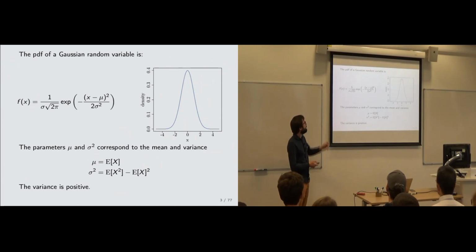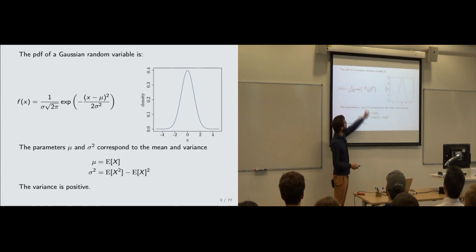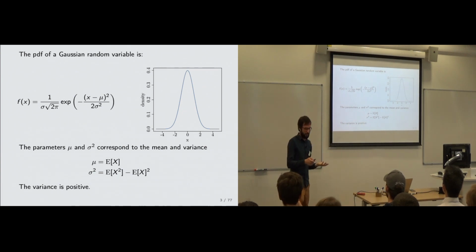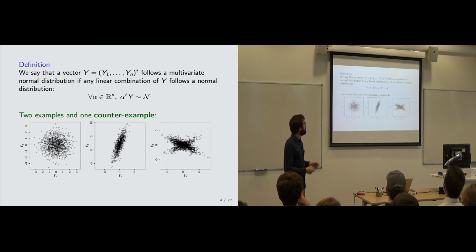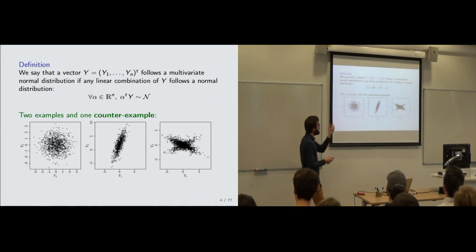So the PDF of a Gaussian random variable is just the exponent of minus something that is quadratic, and the distribution is fully specified by a mean that is a scalar and a variance that is a positive scalar, right? There's nothing new here. And when it comes to multivariate Gaussian distributions, the definition is a random vector.